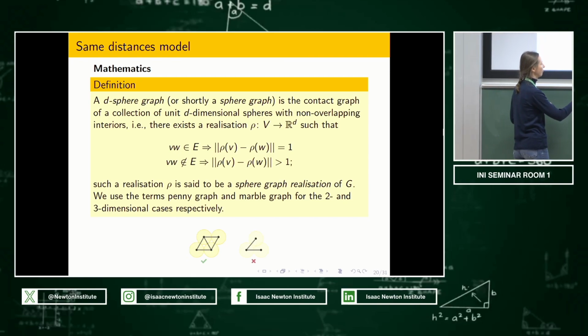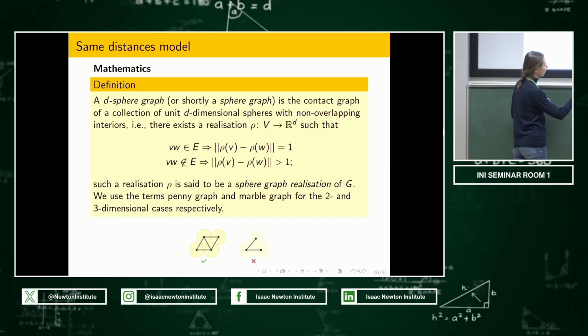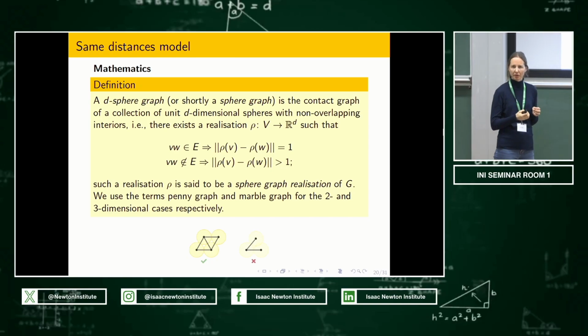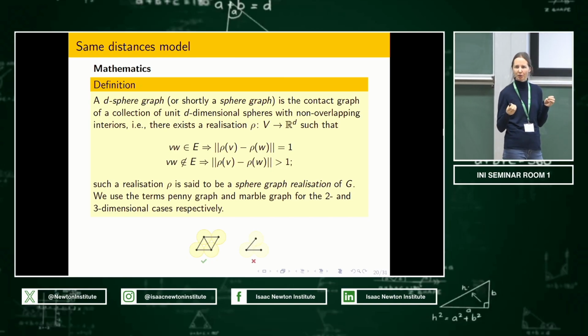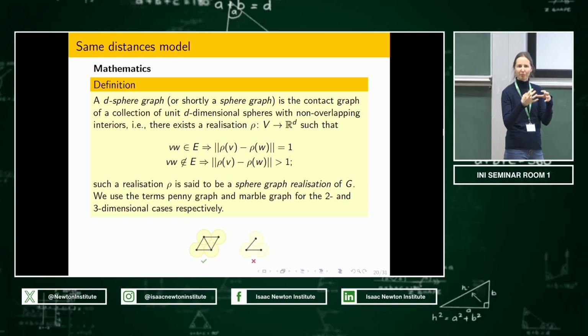So there are 4 pennies. There is 1 vertex for every center of a penny, and there is an edge between 2 vertices if the corresponding pennies touch. And none of the pennies can be overlapping.